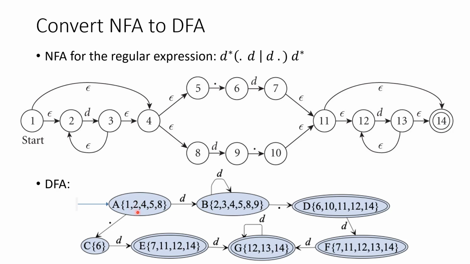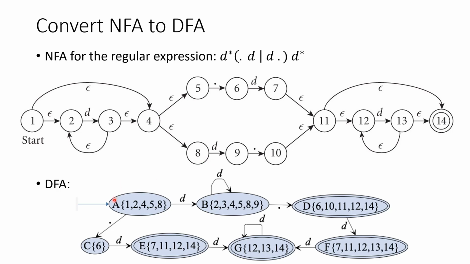First, we start with the start state, which is the set of all states in the NFA that can be reached from the NFA start state via epsilon arrows. So they are 1, 2, 4, 5, and 8.